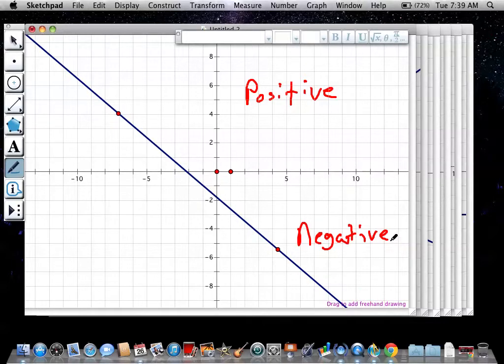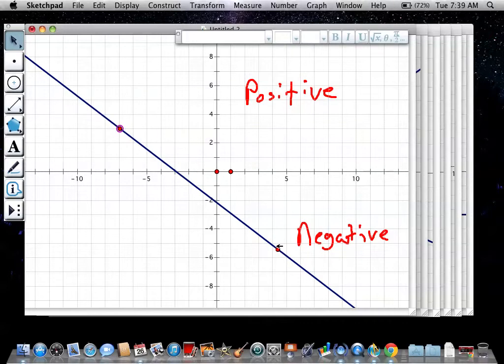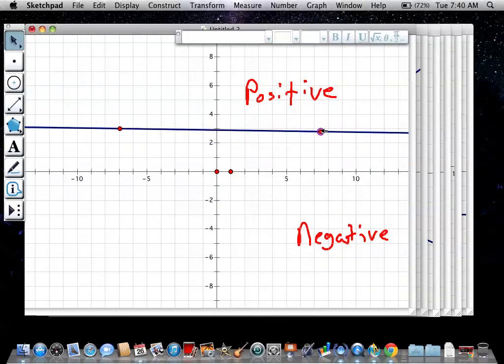And then in between positive and negative, there's a flat line. When I go from positive numbers to negative numbers, I must pass through 0. So the slope of a horizontal line is 0.